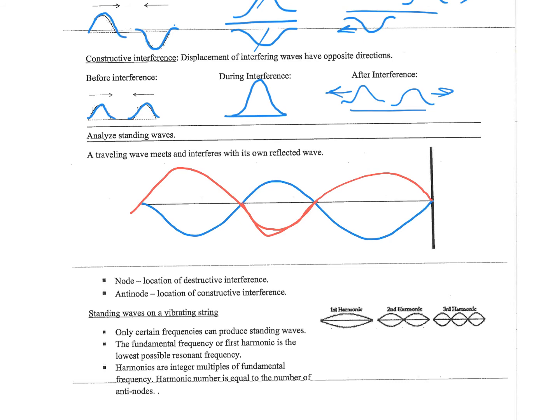So now, these places where it meets are what we call nodes. And the places where they're opposites of each other, these are called antinodes.